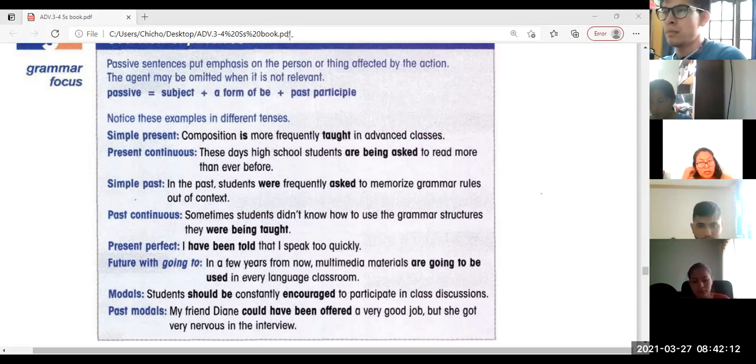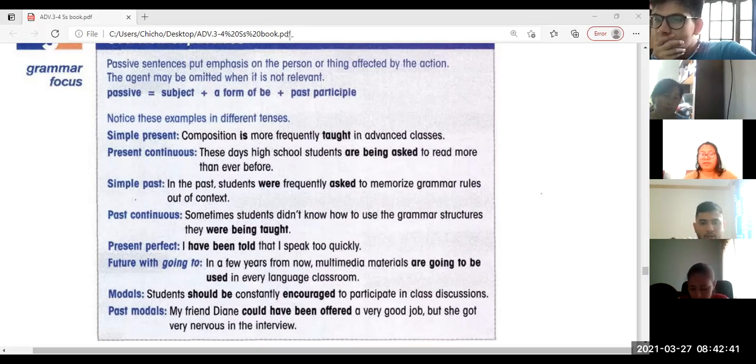In the past, students were frequently asked to memorize grammar rules out of context. Okay, asked, right? The next one, please, Daniela. Past continuous. Students didn't know how to use the grammar structure. They were being taught. Okay, the next one, please, Luis.